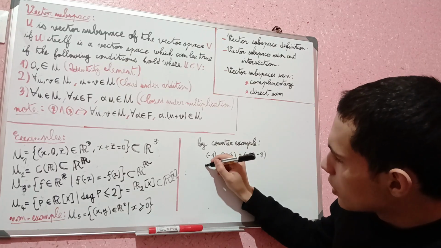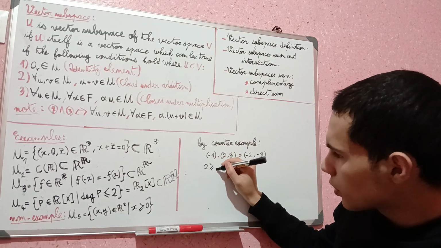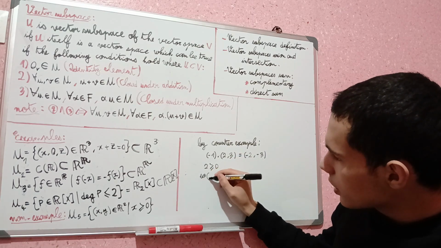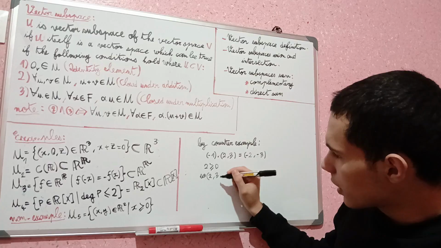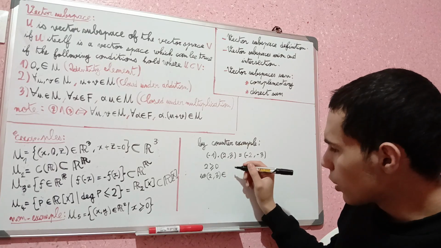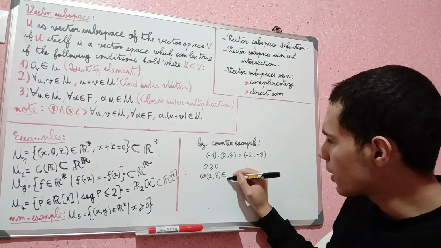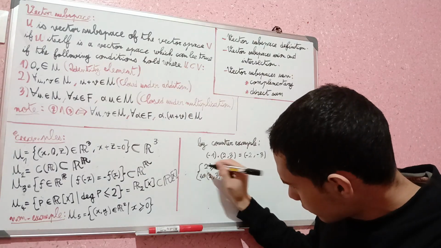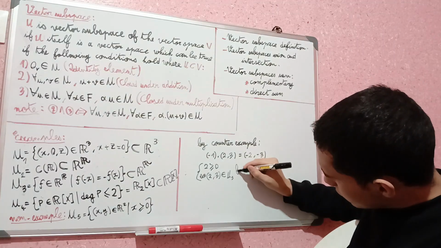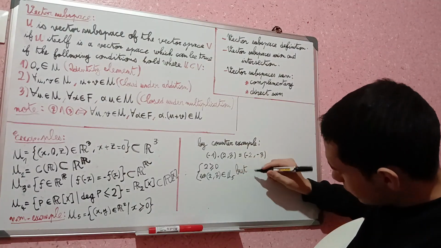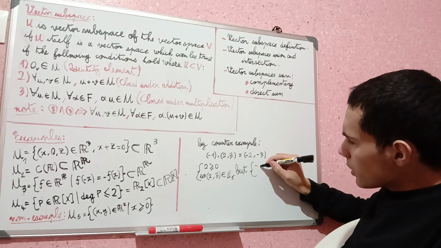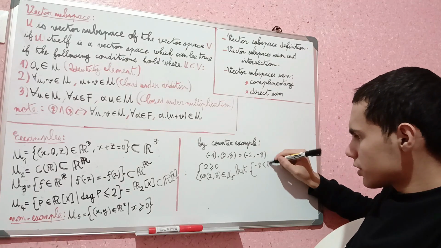We see that 2 is greater than or equal to 0. So (2, 3) belongs to U5. But minus 2 is less than 0.